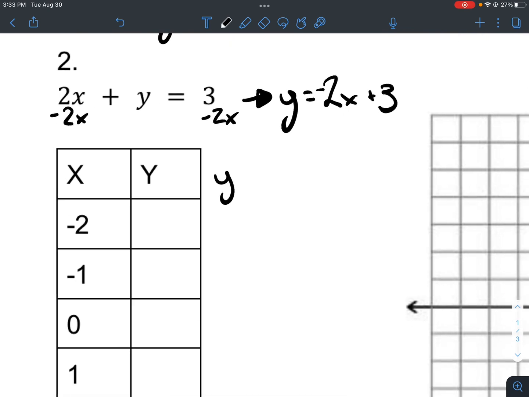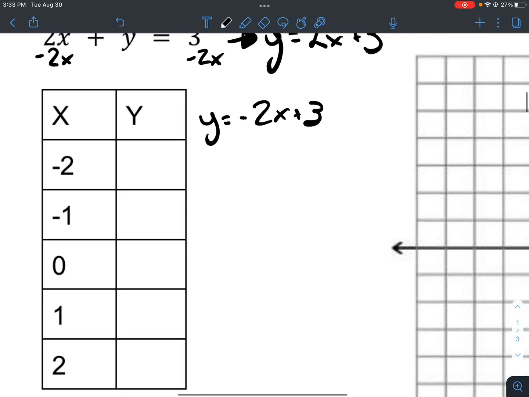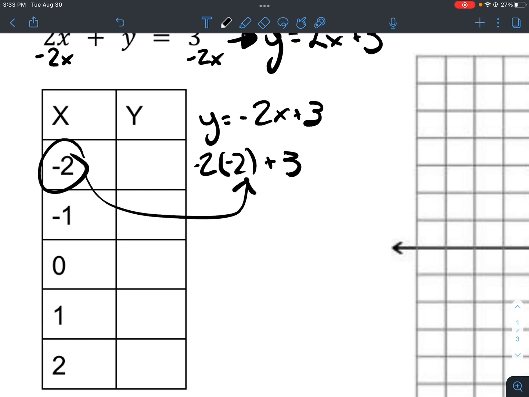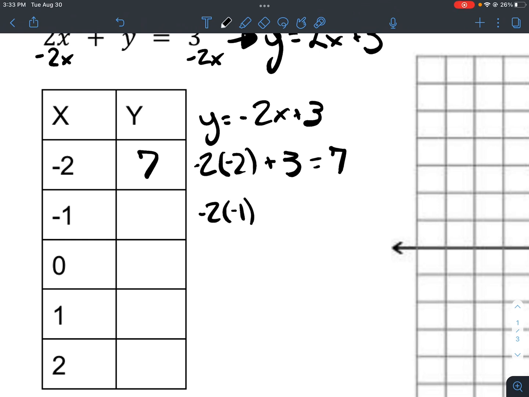As we go on, I'm going to rewrite the equation up here, and now we plug some stuff in. Negative 2 times negative 2 plus 3, because we're plugging this negative 2 in here. It's going to be positive 4 plus 3, so 7. Negative 2 times negative 1 plus 3 is positive 2 plus 3, or 5.